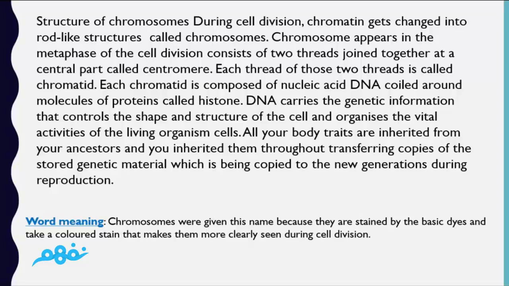Here is the meaning of the name. Chromosomes were given this name because they are stained by basic dyes and take a colored stain that makes them more clearly seen during cell division.